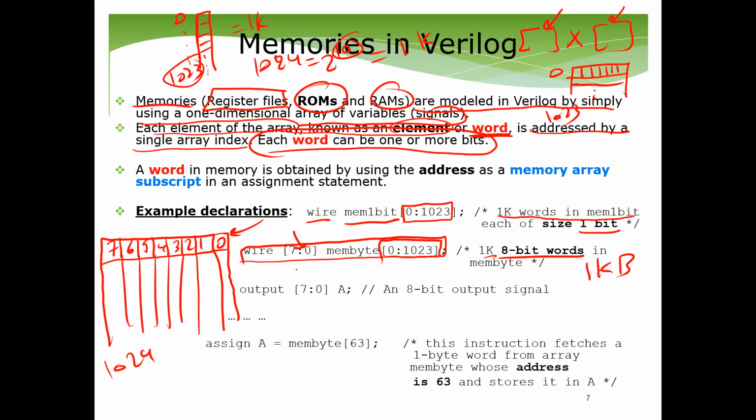If you make this 0 to 7, then if you want to address whatever is inside, it's going to be 0 1 2 3 4 5 6 7. Okay, but usually if you're storing numbers inside the memory, you should declare them 7 to 0 to make this the most significant and this the least significant.